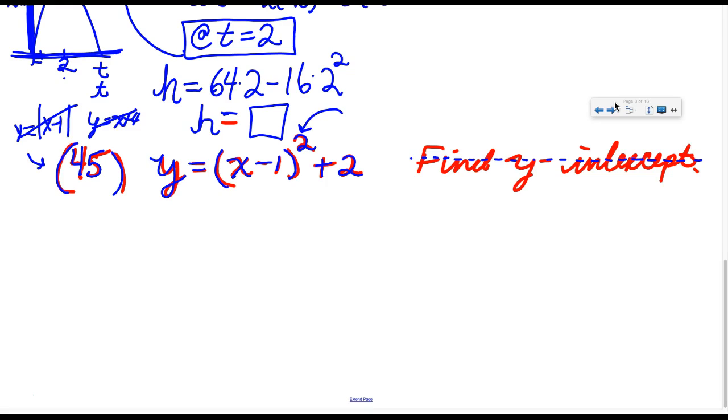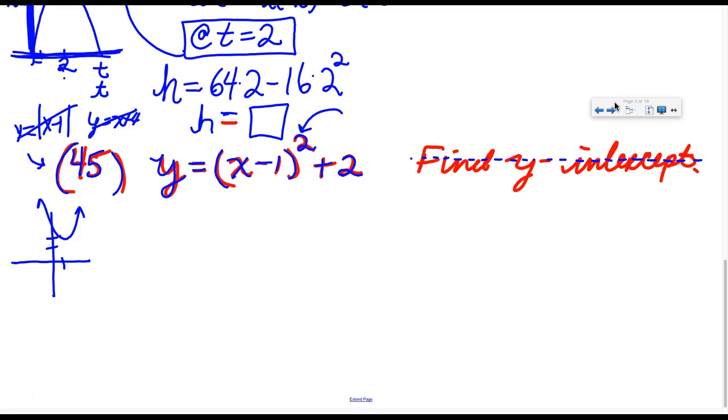Your parabola will open up or down based on what's in front here. Because this is positive, it's going to open up. The vertex is at negative 1, 2. So I know it opens up from negative 1, 2. That's a really loose graph of the parabola.